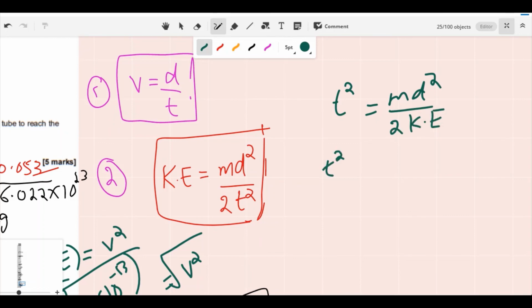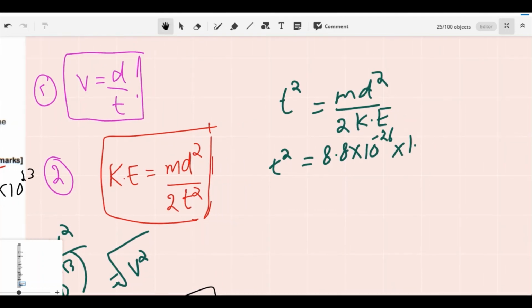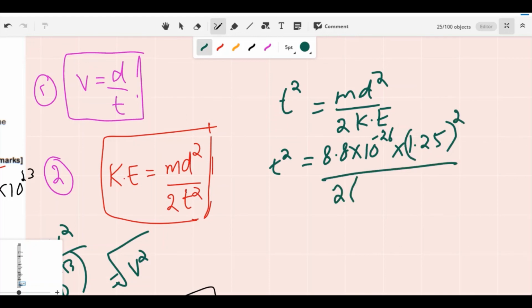Here t square is equal to the mass, 8.8 times 10 to power minus 26, times 1.25 in square form, divided by 2 into the kinetic energy, 1.102 times 10 to power negative 13.